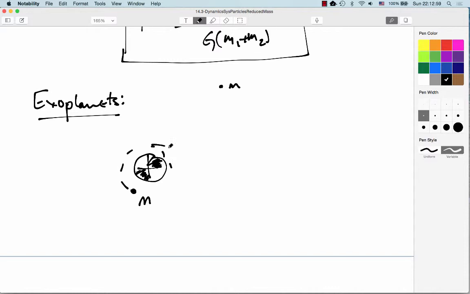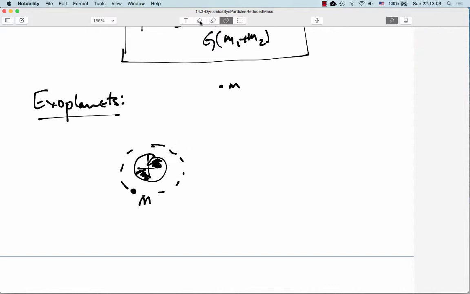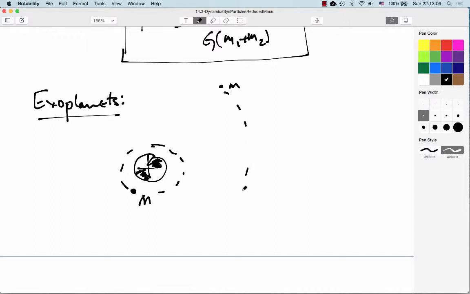But it's going to be a big planet, say on the order of the mass of Saturn or Jupiter or something like that. Although now the technique is getting to the point where we can detect Earth-like things if everything is just right. It's just harder to do.